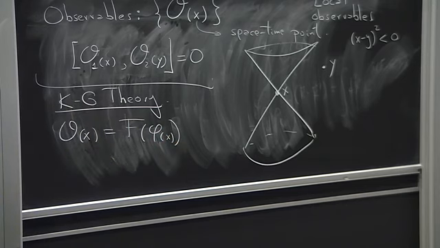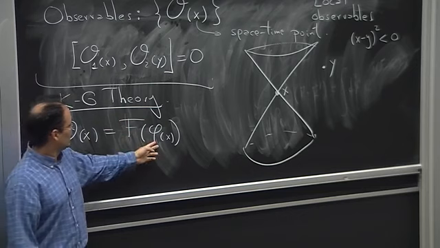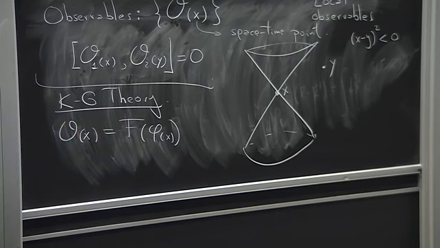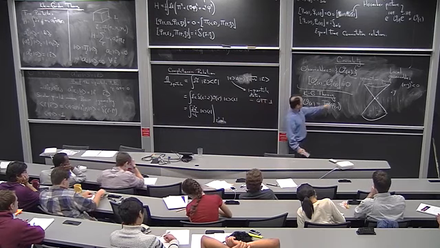Is it true that the set of functions of phi satisfies this property? This time it would be a safe bet to say yes. And that's what we're going to do tomorrow. We're going to find out that this is indeed true.